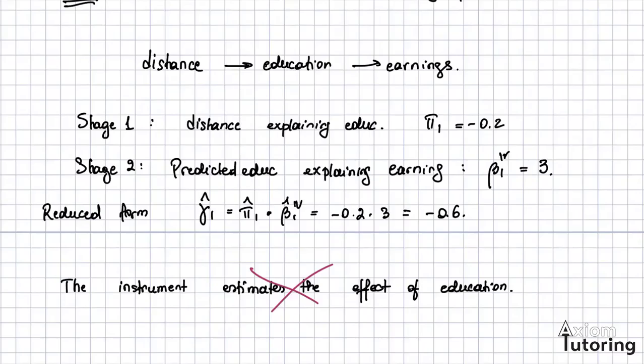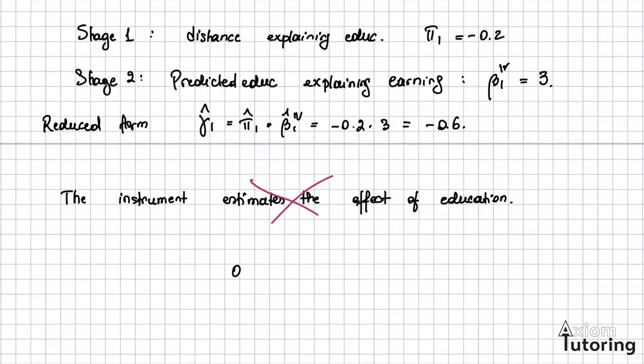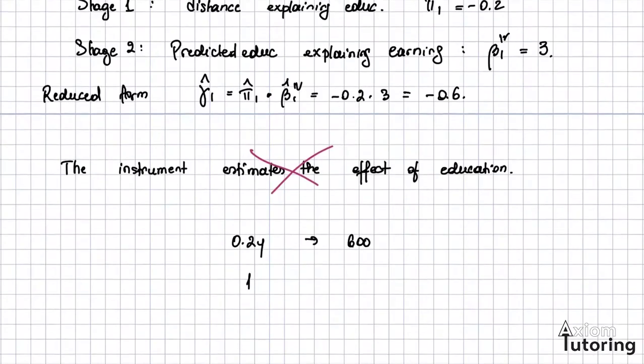So if 0.2 years of education correspond to 600 pounds of earnings, then it means that 1 full year of education would correspond to 600 divided by 0.2, which would have given you that 3,000 pounds that you talked about earlier, okay? So you never directly manipulate education, you manipulate distance and then scale the earnings response by how much distance moved education, okay? And that's also at the core of the Wald estimator, and that's the IV.